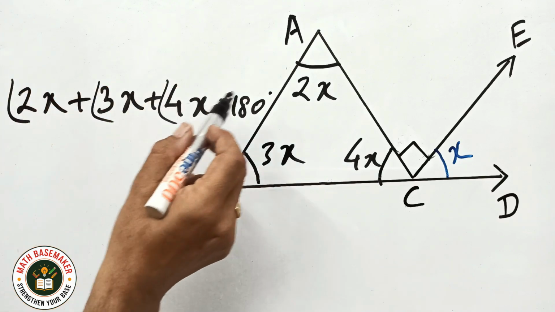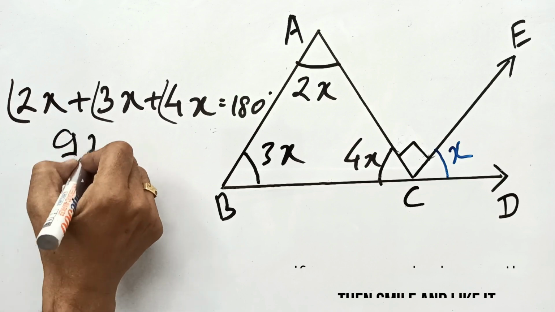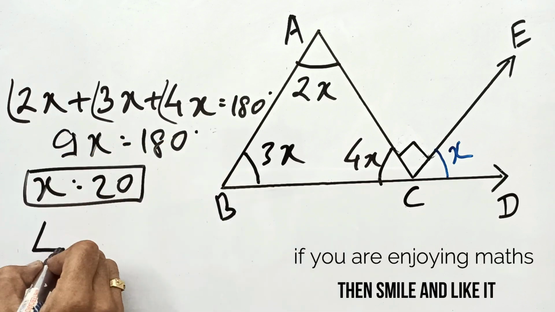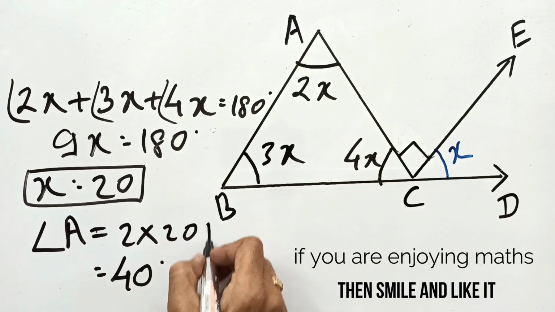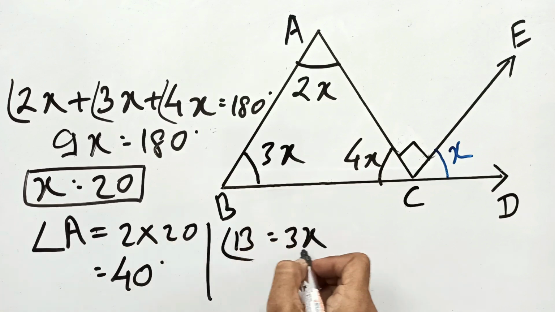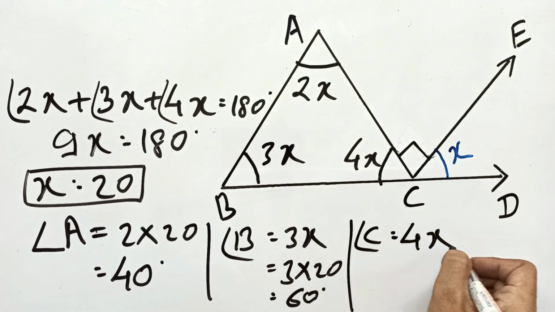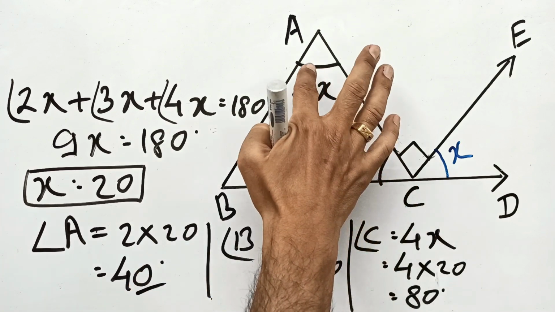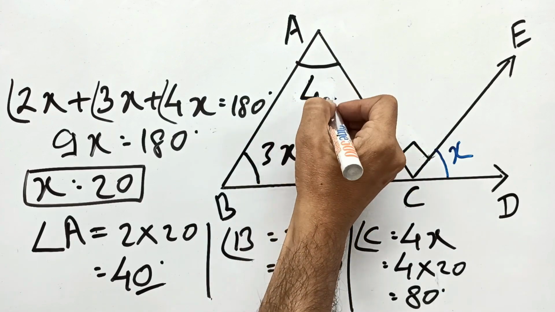Using the angle sum property of a triangle, the sum of the angles is 180. So the angles are 40, 60 and 80. We can write here 40, 60 and 80.